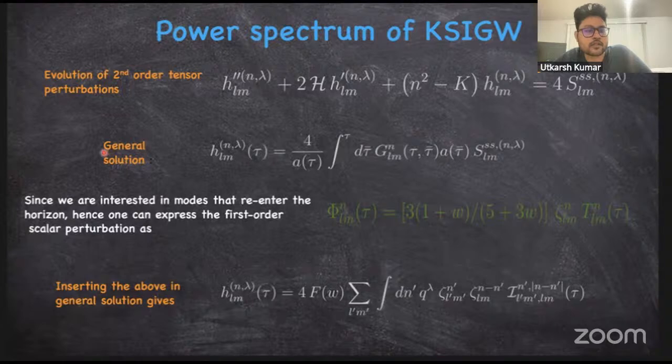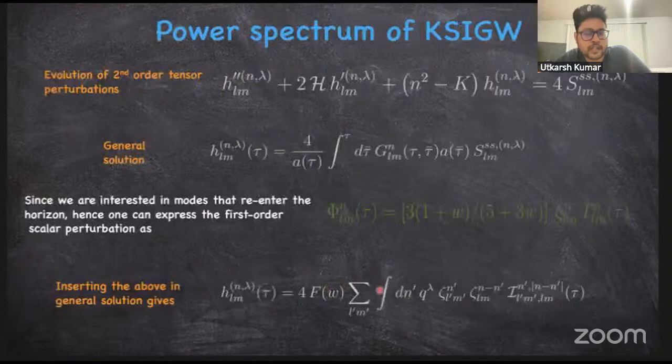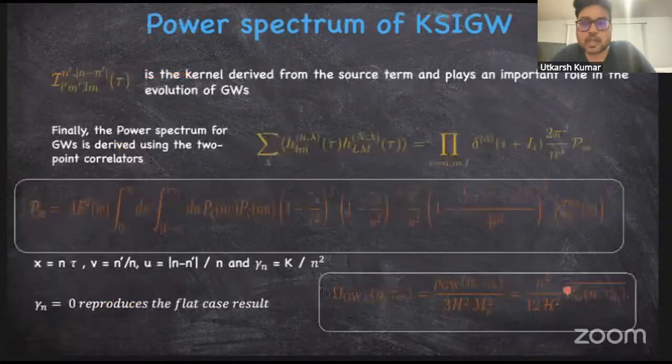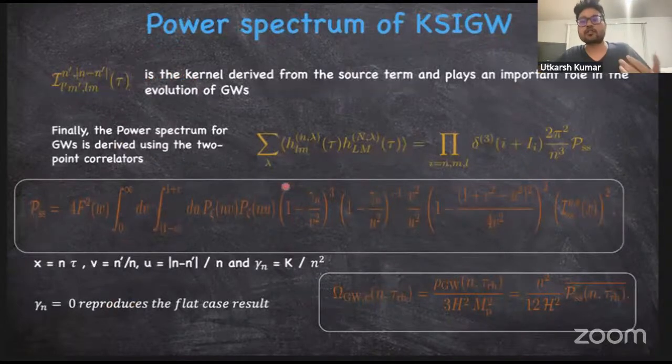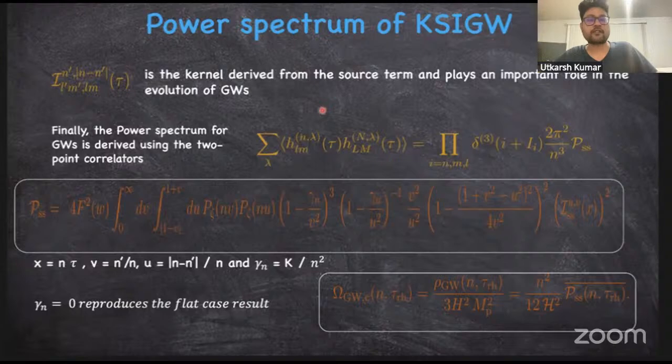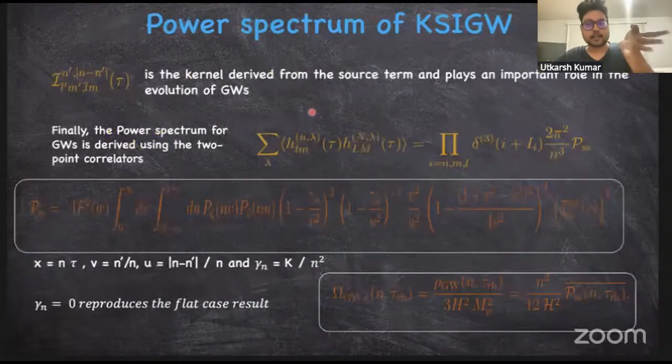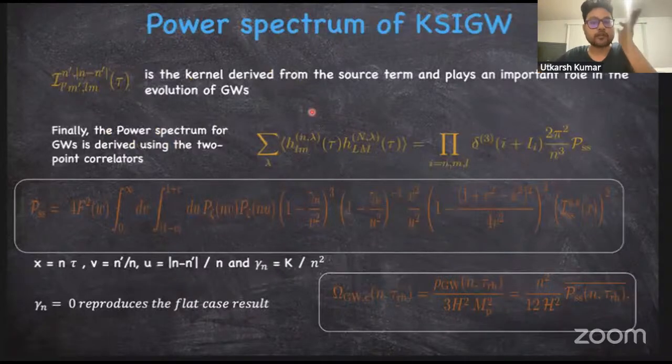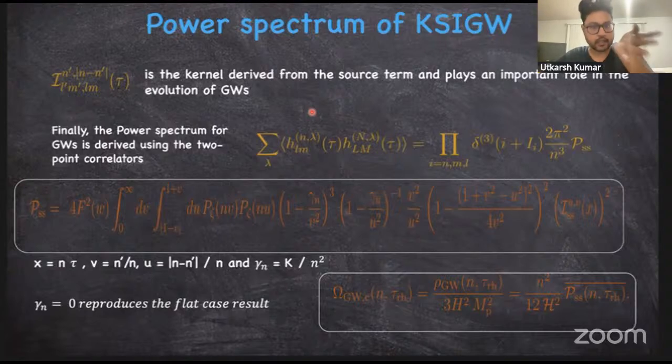Inserting this quantity into the general solution, one gets the following: the tensor perturbation becomes as follows, where I_nlm is called the kernel. This kernel is derived from the source term and plays an important role in the evolution of the gravitational waves. In other words, it acts as a transfer function for the gravitational waves, which connects the super-horizon gravitational wave spectrum to the sub-horizon gravitational wave spectrum in the radiation era.